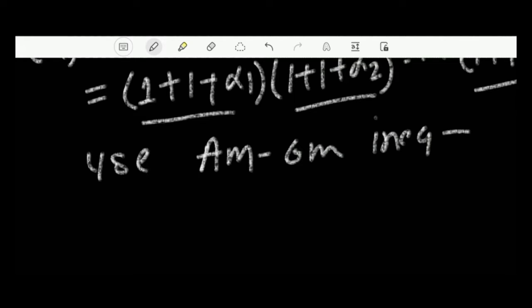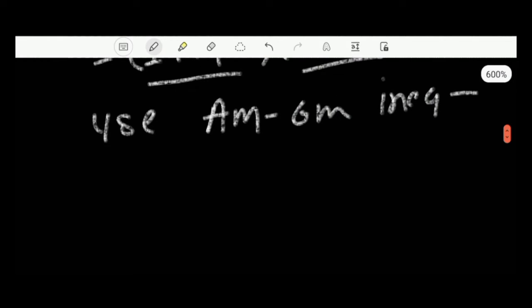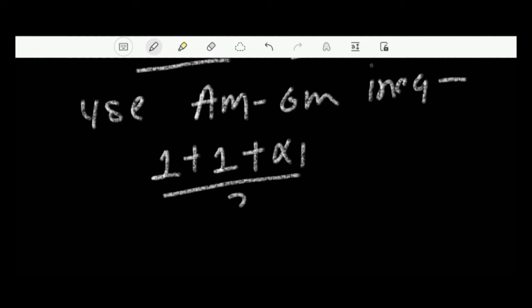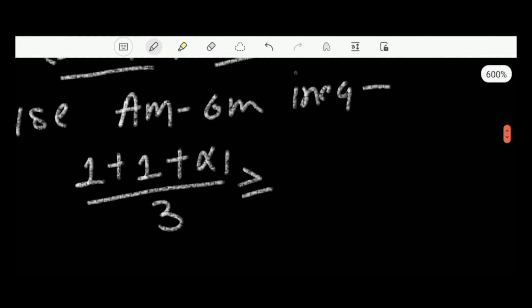to prove our result. So we can simply say that 1 plus 1 plus alpha 1 upon 3 is greater than or equal to alpha 1 multiplied by 1 multiplied by 1 raised to the power 1/3.